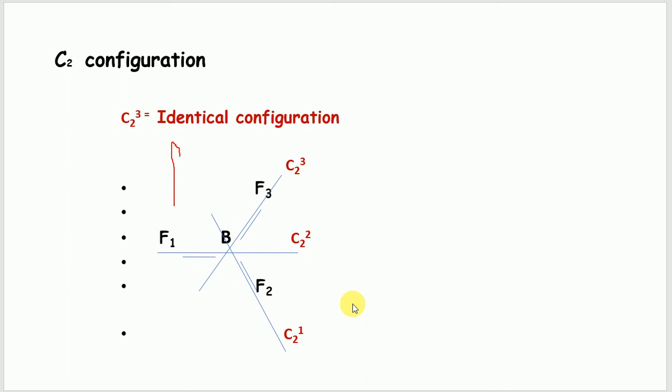Therefore, these are C2 axes. The C6 and C3 axes are perpendicular to the plane, while the C2 axes are present in the plane of the molecule.